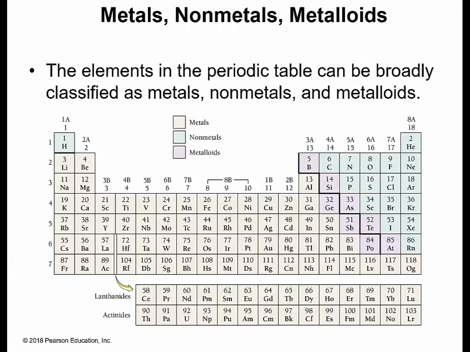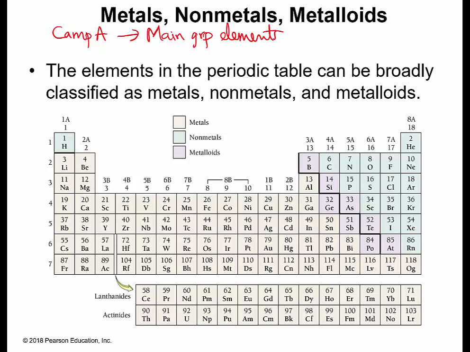Also, the elements in the periodic table can be divided into 2 camps. Let us call some of them Camp A elements. Camp A elements are referred to as main group elements.